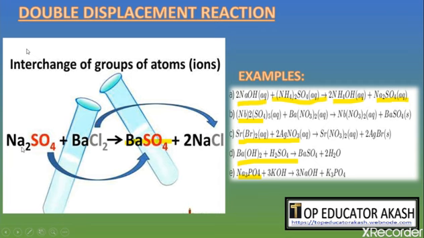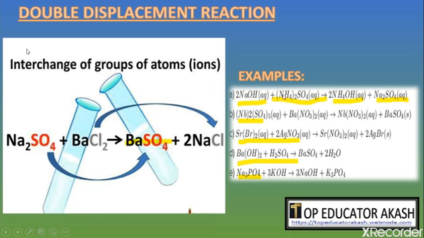Here you can see Na, sodium, and SO4. Na exchanges its ions with Cl, and SO4 with Ba, and the reactants are converted to products. Other examples are sodium hydroxide.